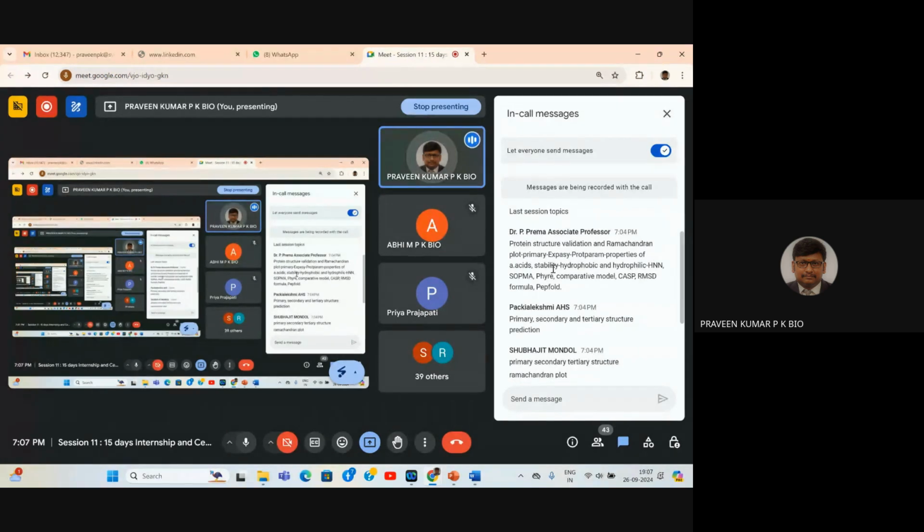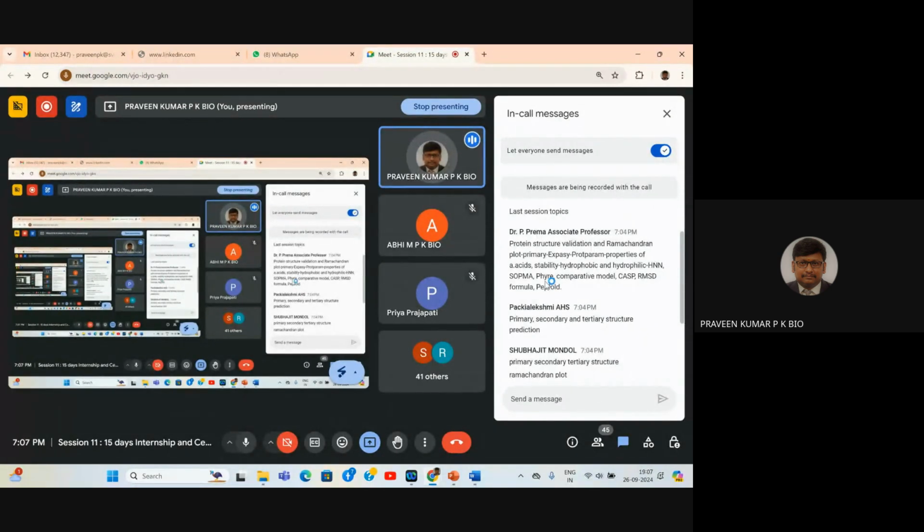From it, we can find the stability, hydrophobicity, hydrophilicity, number of acidic amino acids, number of basic amino acids, half-life of the protein, hydrophobicity index, molecular formula, molecular weight, etc. And then we went to the secondary structure of a protein, with methods like SOPMA, HNN secondary structure prediction, etc.